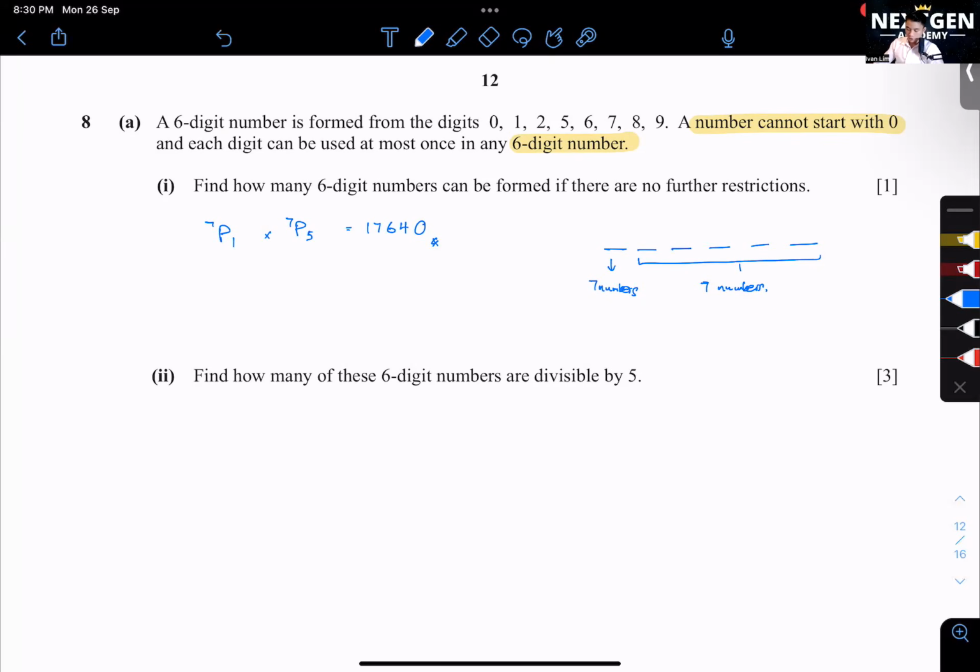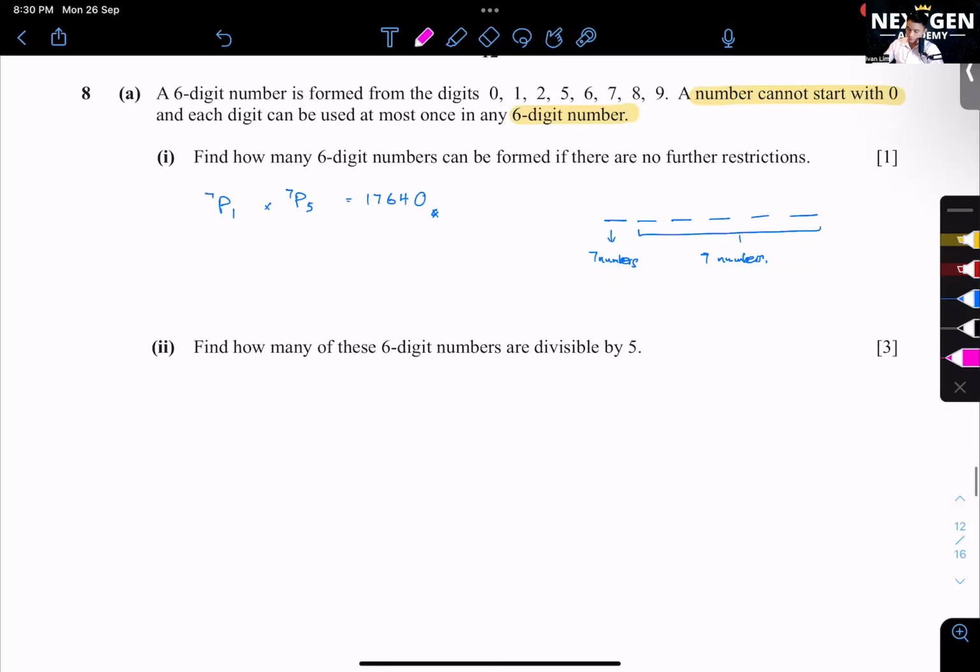Second question. Find how many of these 6-digit numbers are divisible by 5. So there are 2 criteria. Divisible by 5 means you can end with 5 or 0. So you see the working that I wrote at the side here.